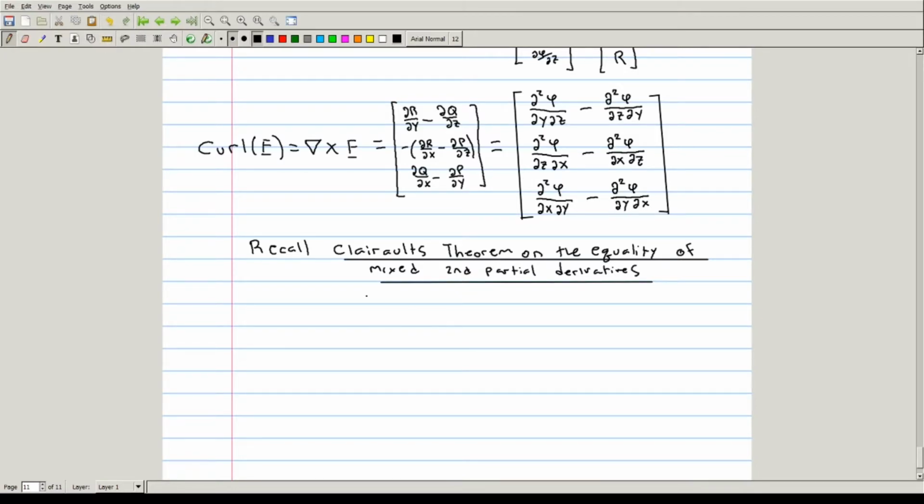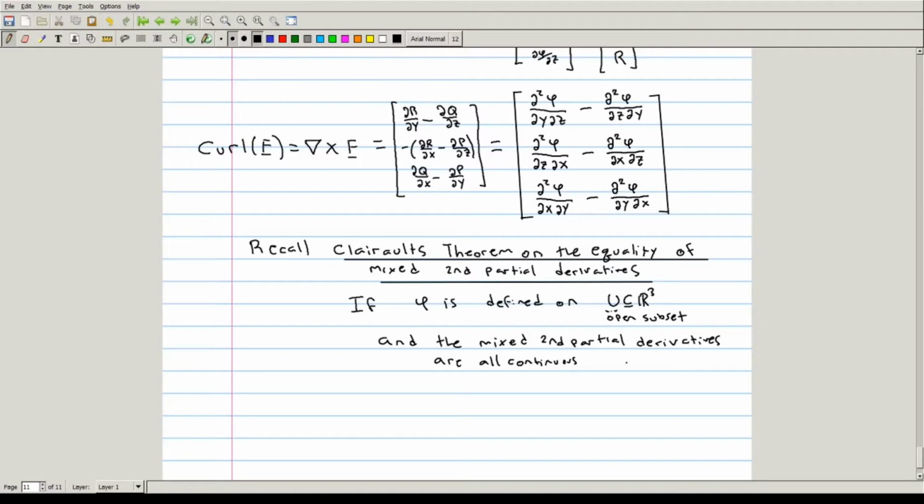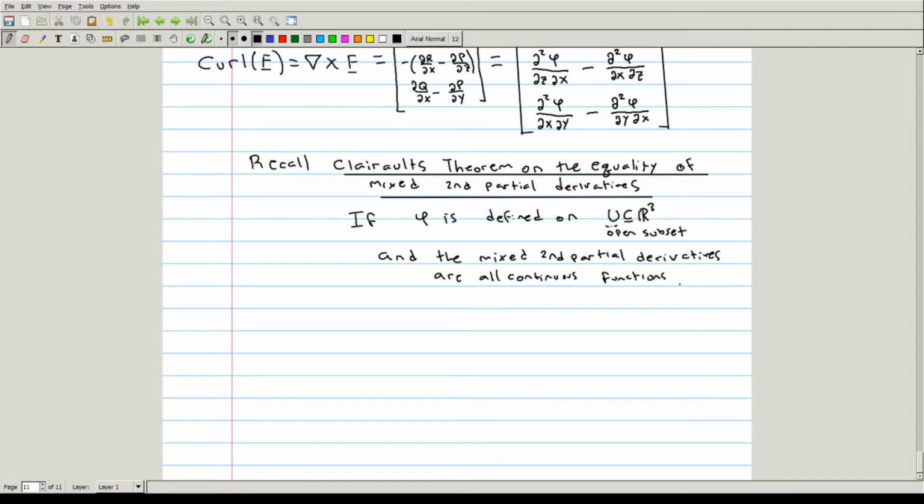It says, if phi is defined on an open subset U of three-dimensional space, and the mixed second partial derivatives are all continuous functions, then they are equal to one another.